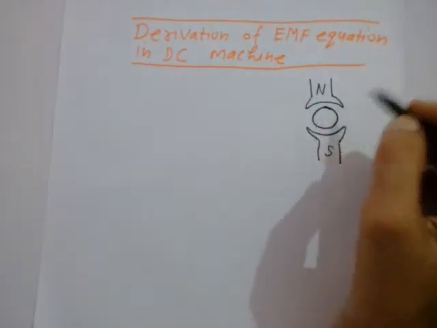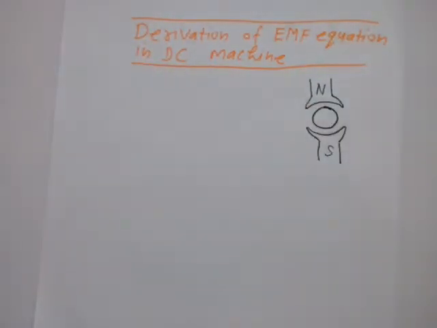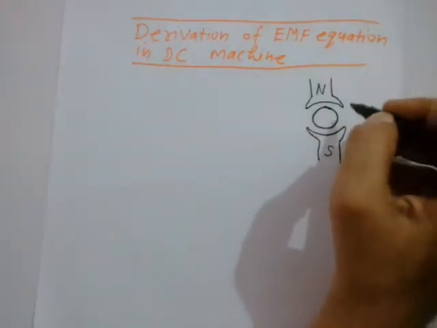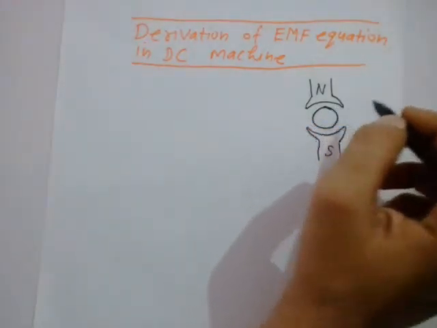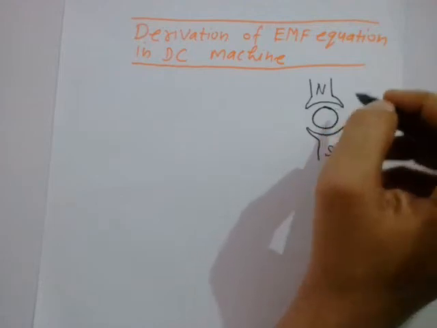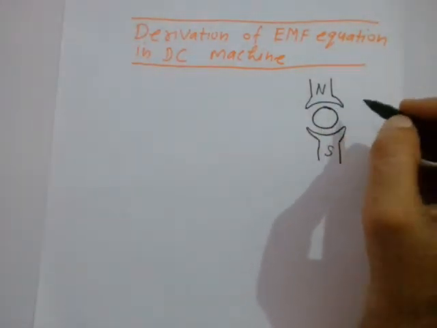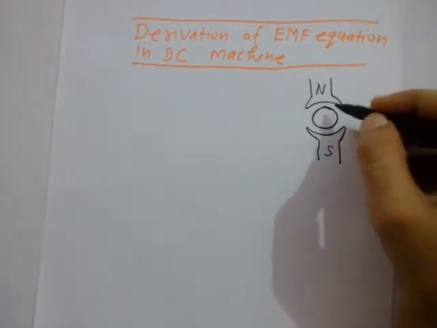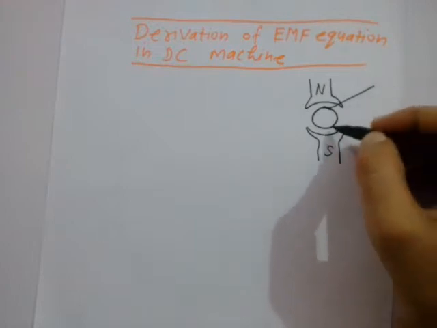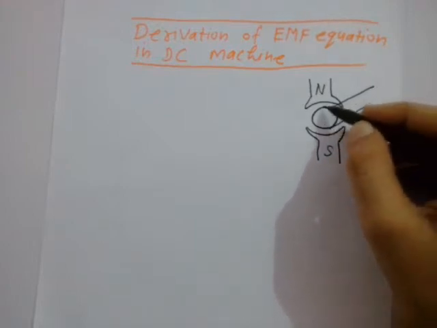So if you see from the front, it will look like this, right? If you see it from the top, then you get this kind of structure. If you see it from the front, then you will realize that it has length, right?